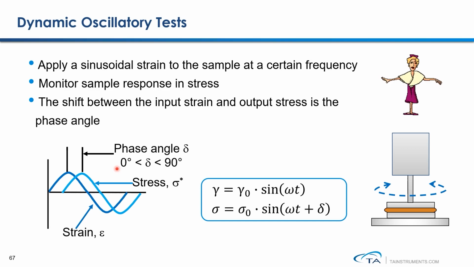For most of the materials we are testing here, the phase angle should be between 0 and 90. If your sample is more solid, you should observe a phase angle that's close to 0, which is small. If you're testing a very liquid sample, which has lower viscosity, then you will observe a large phase angle, which is close to 90.